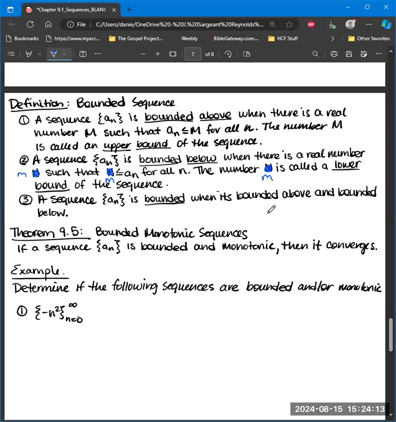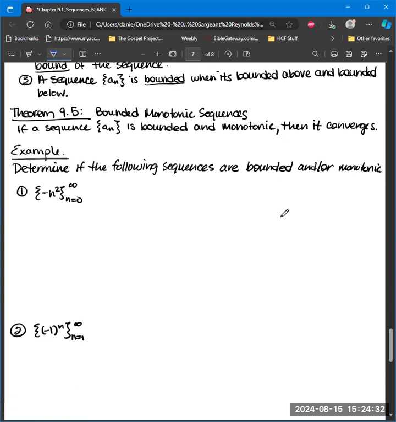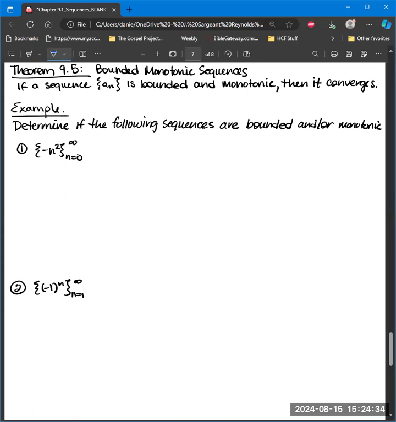A sequence is bounded when it's both bounded above and below, so that all of the terms can be stuck between these horizontal lines, y equals little m on the bottom and y equals big M on the top. Then we know that it's a bounded sequence. So there's the theorem that I was telling you was coming, bounded monotonic sequences: if the sequence a sub n is bounded and monotonic, it has to converge.